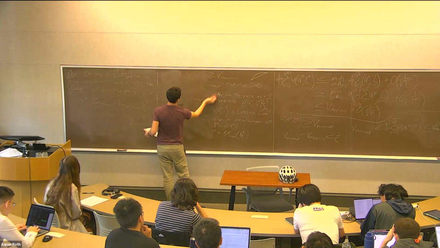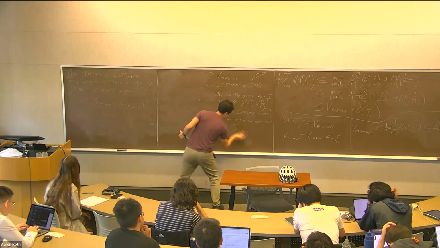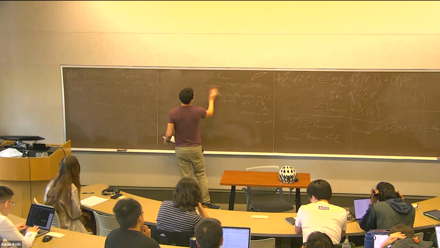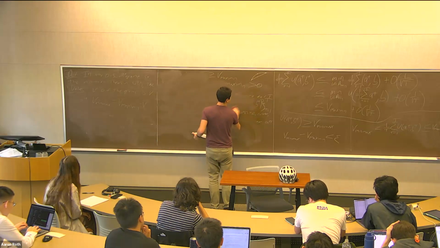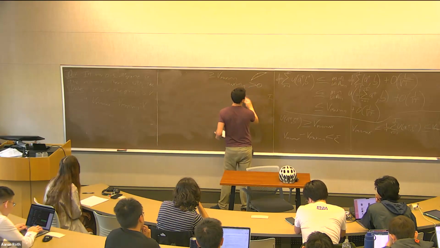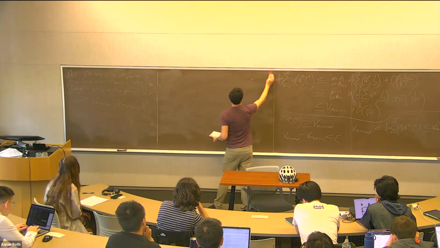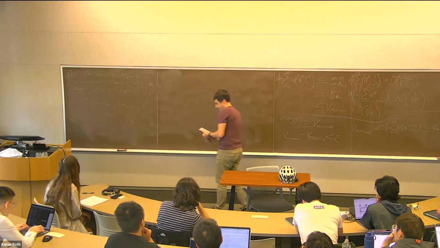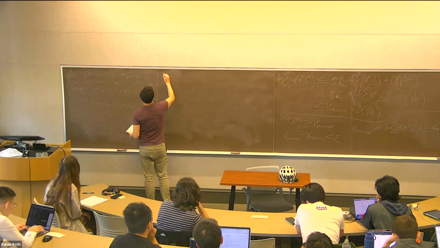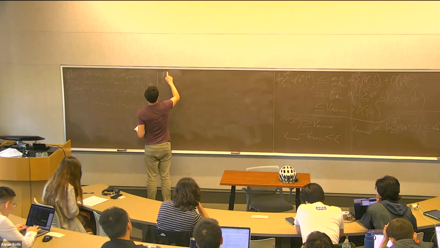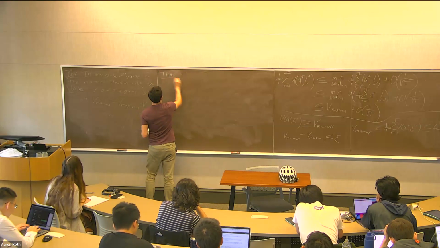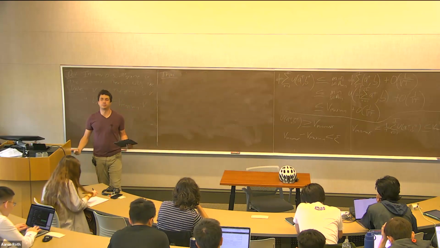So remember, what was our solution concept for simultaneous move play? It was Nash equilibrium. A Nash equilibrium is a stable state of the game where both of us are simultaneously best responding to each other's actions. And in general, it could be hard to find a Nash equilibrium, a fixed point problem.